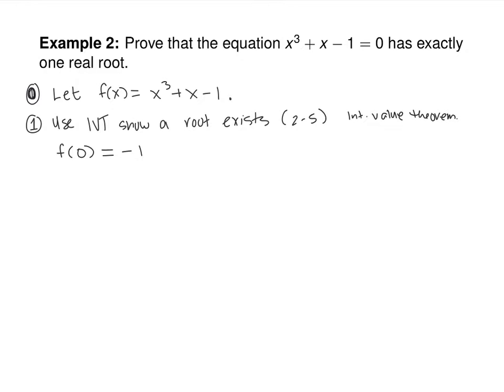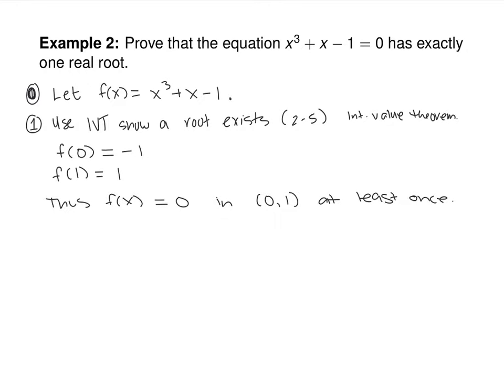Okay. Now I need another number that when I plug it in, I get a positive answer. 1. Yep, f of 1 is going to equal 1, right? And so thus you know that f of x equals 0 in the interval from 0 to 1 at least once.